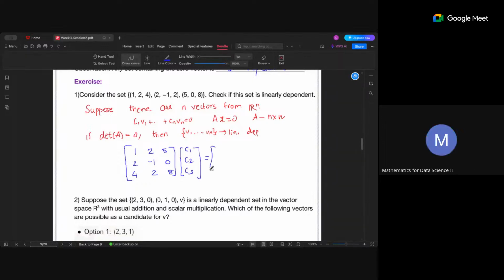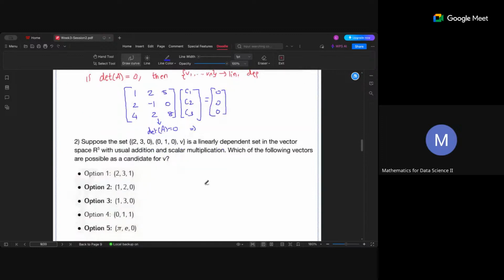This is the system you have, and the determinant is 0. So this means the set v1, v2, v3 is linearly dependent. Fine.